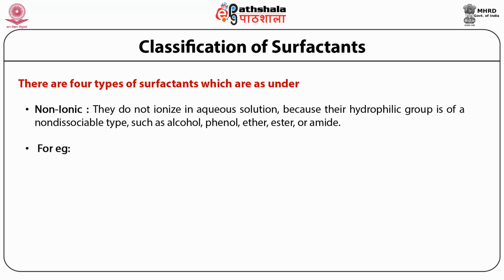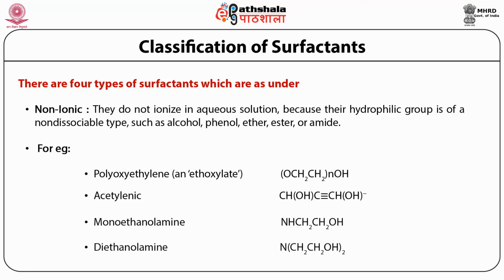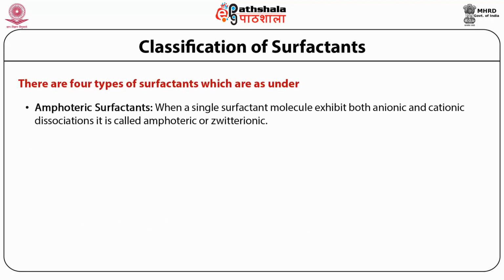Examples of the non-ionic surfactant groups include polyoxyethylene, acetylenic group, monoethanolamine, and diethanolamine.